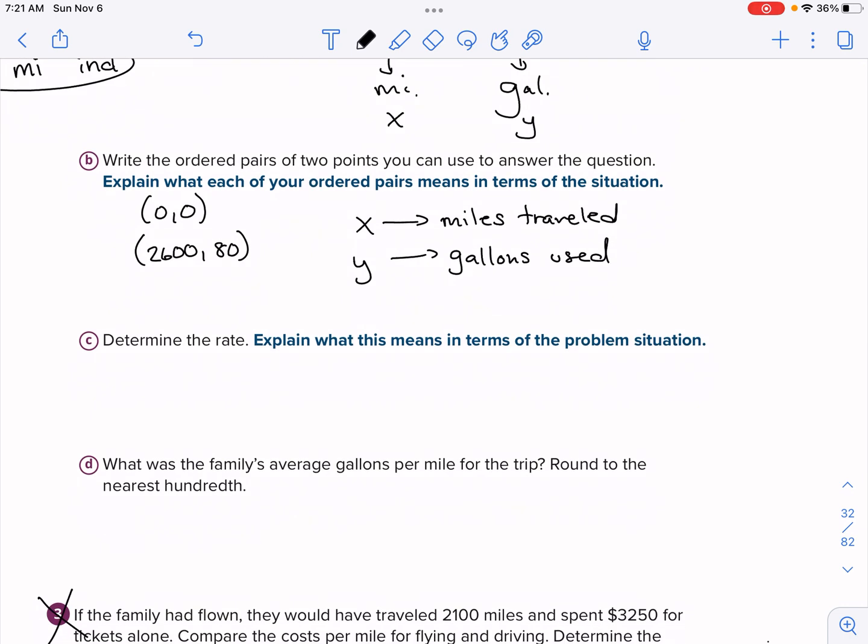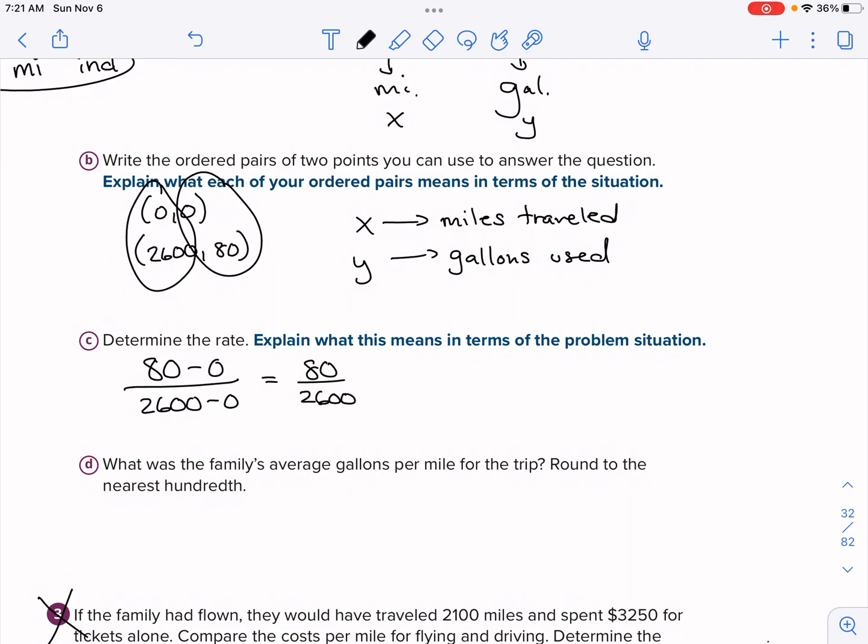Okay. Determine the rate. Again, I'm not going to write the formula out, but we know we have to subtract the y's over subtract the x's. So this is going to be 80 minus 0 over 2,600 minus 0. So this is a similar fraction to the last one, but notice how our numerator and denominator are switched. It does say here, explain the meaning in terms of the problem.